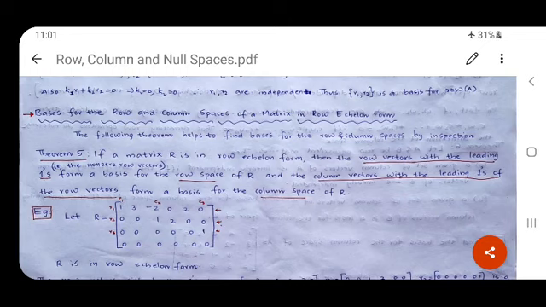So the theorem is, if a matrix R is in row echelon form. So what we do is, if a given matrix is A, we reduce it to row echelon form.